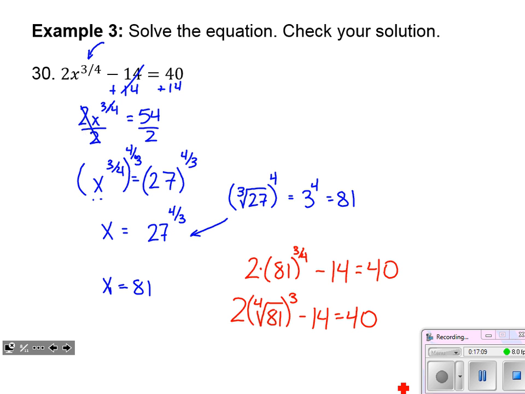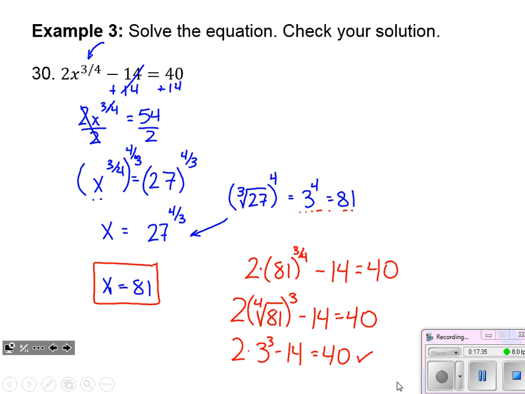The 4th root of 81, well, we just did 3 to the 4th equals 81 over here, so its 4th root is 3. So I've got 2 times 3 to the 3rd minus 14. Does that equal 40? Well, 2 times 27 would be 54, and then take away 14. Yeah, that would equal 40. So our answer does check out. X equaling 81 answers that question.